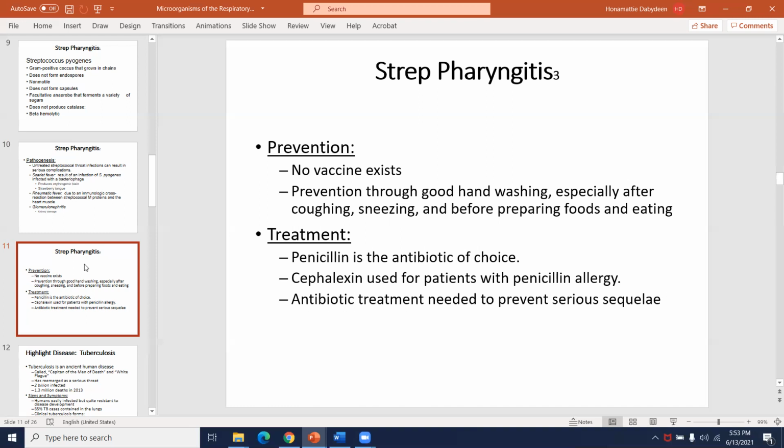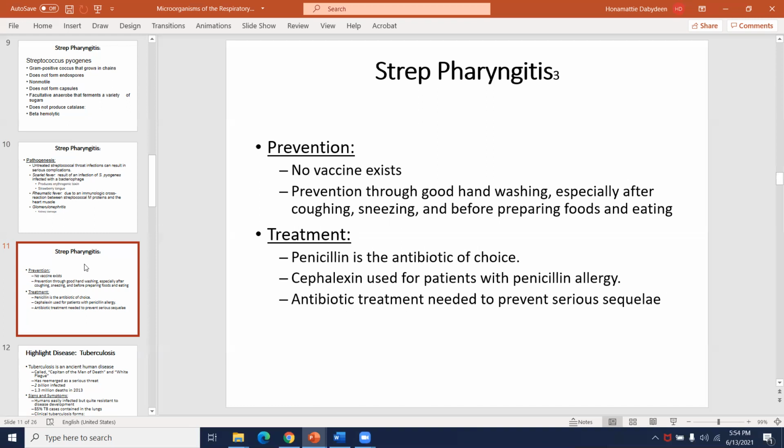So how do we prevent ourselves from getting this disease? Well, obviously, we need to take some precautions. Most of the time, the only way you can prevent it is good personal hygiene.